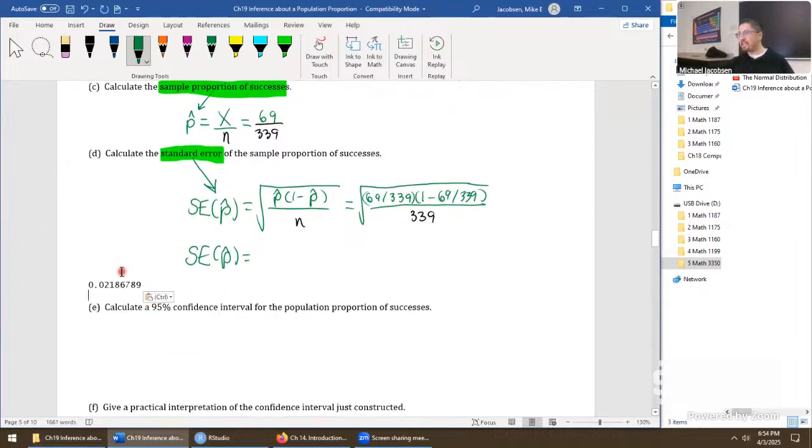Just as good generic advice, a lot of times you get extra zeros on these. I wouldn't round it to 4 decimal places. Go for 4 significant figures altogether. So this is going to be 0.02187, if I carried in those digits right. Looks pretty good. So that's finally our standard error of p hat.